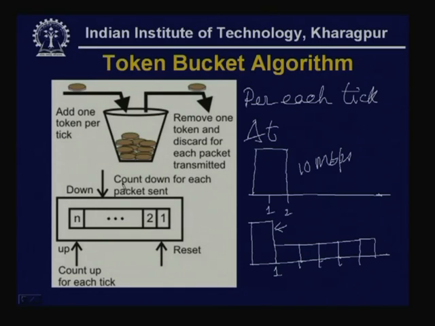In other words, count down is performed for each packet sent, and count up is performed during each tick, and in this way this counter is maintained to implement this token bucket algorithm. So it can be implemented either by hardware or by the operating system of the host.